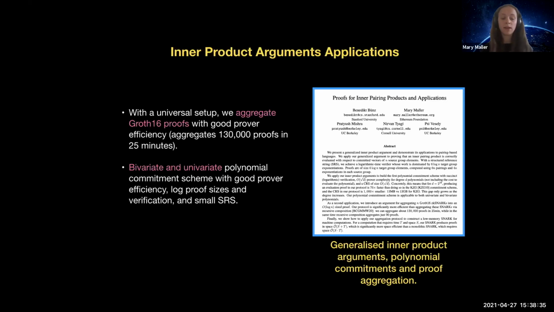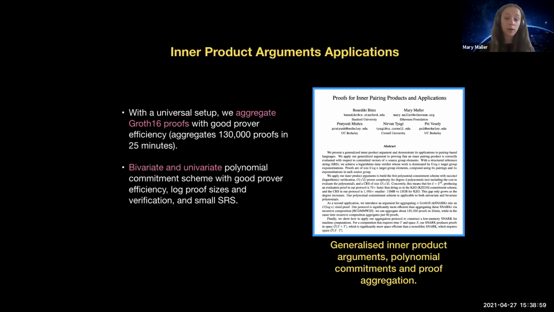One of the big ones is when it comes to aggregating Groth16 proofs. And here we're able to aggregate 130,000 proofs in the same time that prior works were aggregating 90 proofs. And the reason for that speed up is because we're not doing a reduction to an NP circuit, we're just sort of proving it directly using a native scheme.